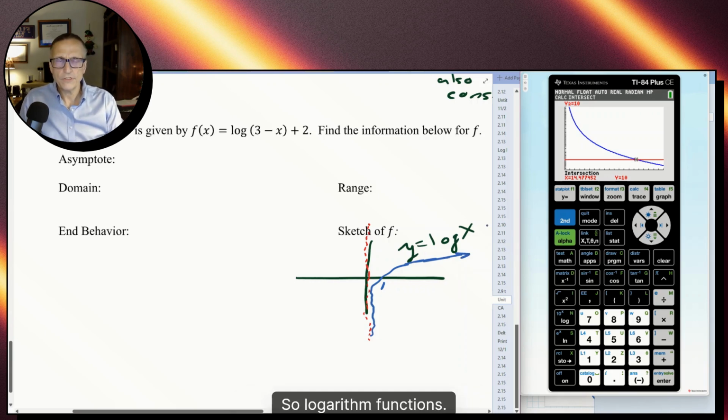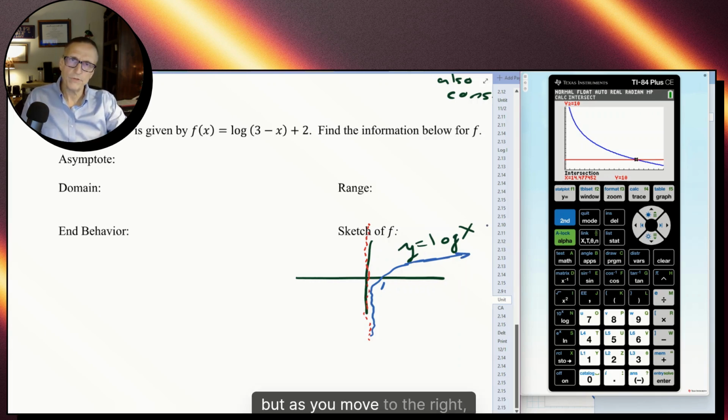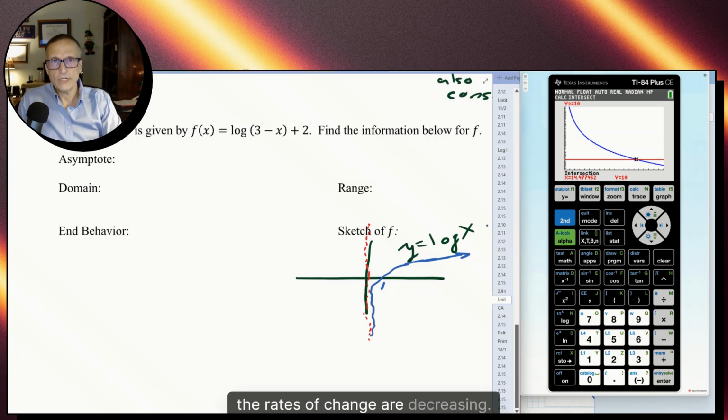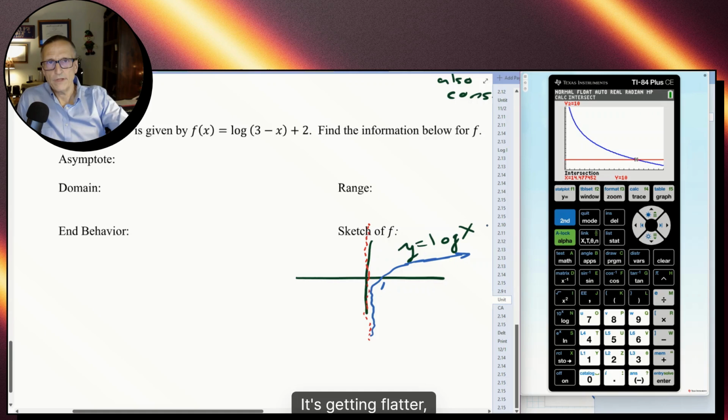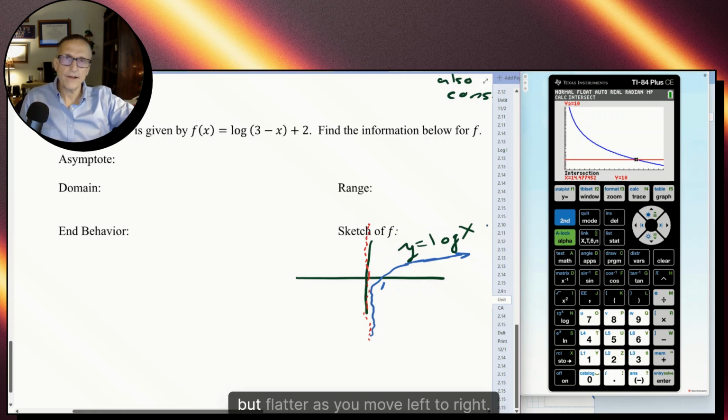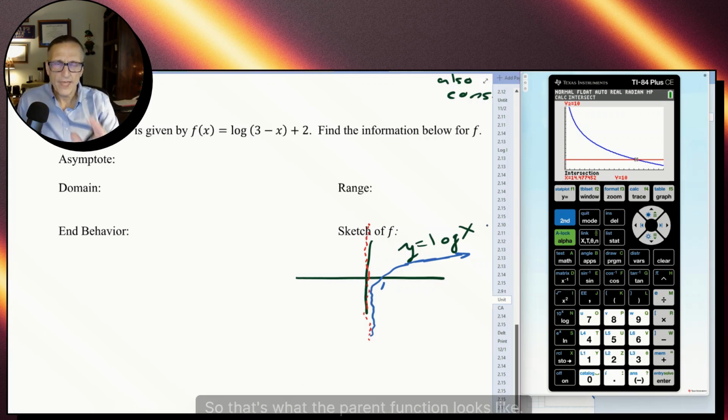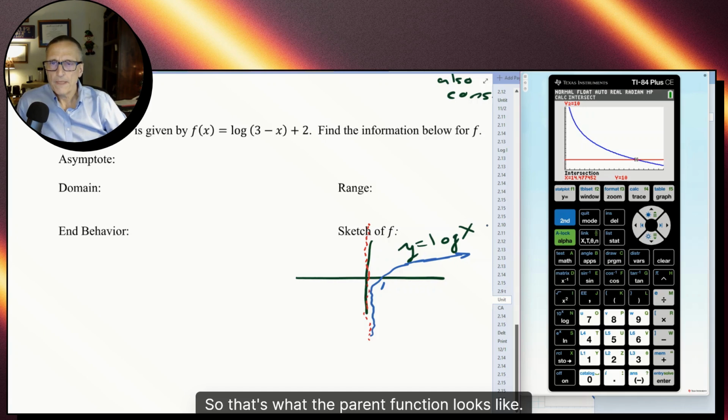So this logarithm parent function is always increasing, but as you go out to the right, the rates of change are decreasing. It's getting flatter, never completely flat, but flatter as you move left to right. So that's what the parent function looks like.